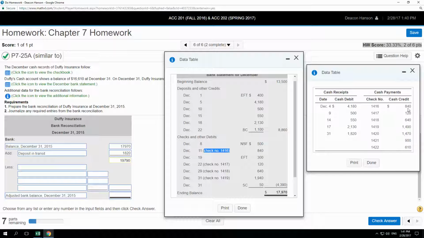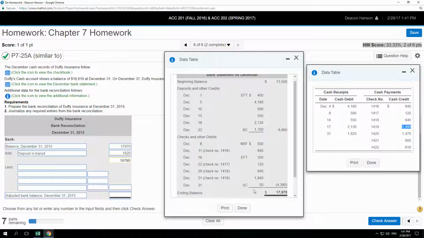I would check that off over here where my arrow is. Check 1417 comes through. I'm looking for both the check number and the amount. $120. Check 1418 comes through, 640, 640.